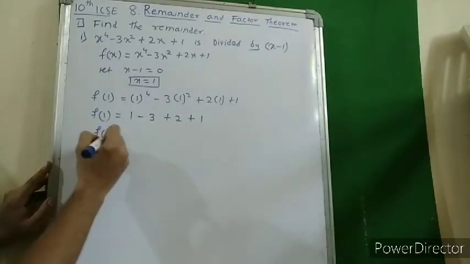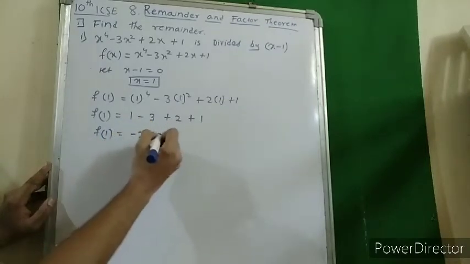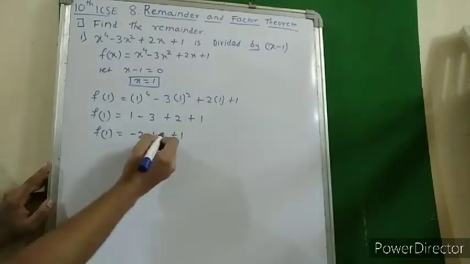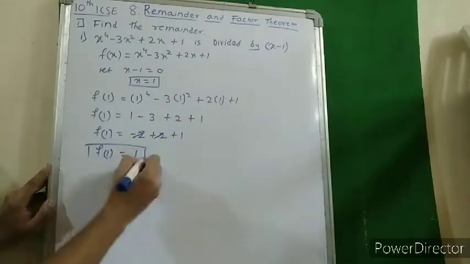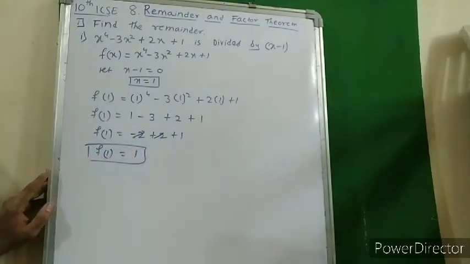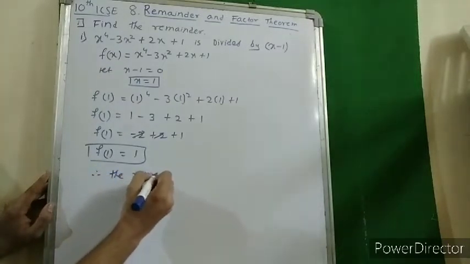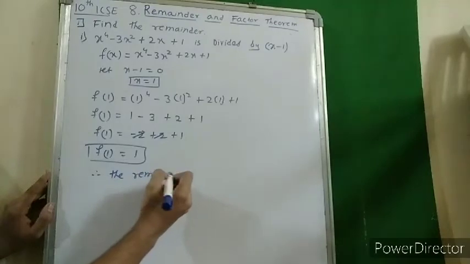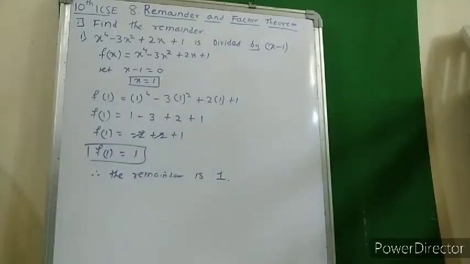So function of 1 is equal to 1 minus 3, it is minus 2, plus 2 plus 1. Plus 2 minus 2 cancel, function of 1 is 1. Then what is the remainder? I can say that the remainder is 1. Therefore, the remainder is 1.